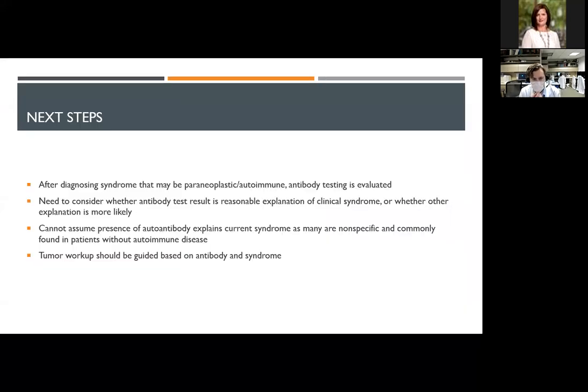So we went over the general thought process on evaluating whether or not someone has a paraneoplastic disorder and what the basic tests are we should be getting to rule this in or rule this out. So essentially always when we're considering this, we're sending antibody panels.